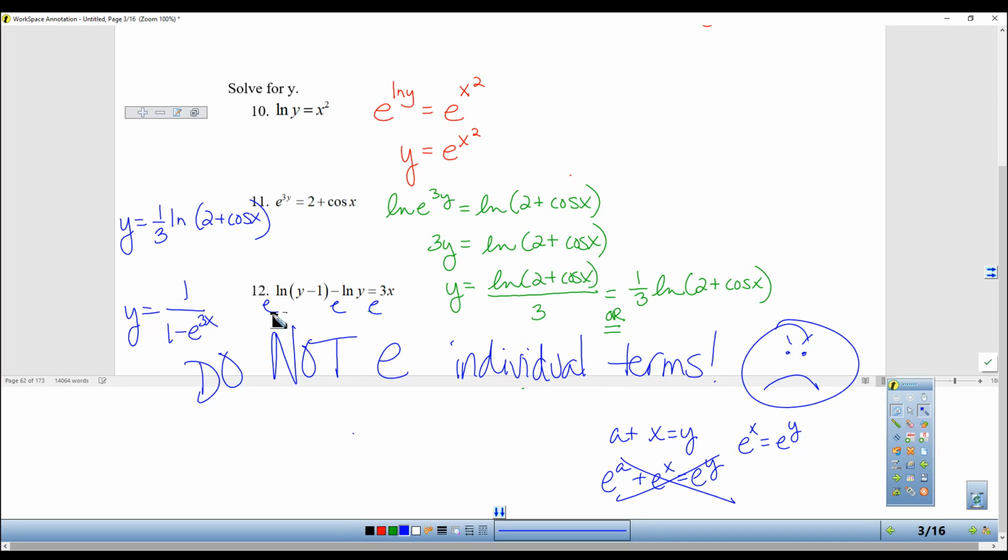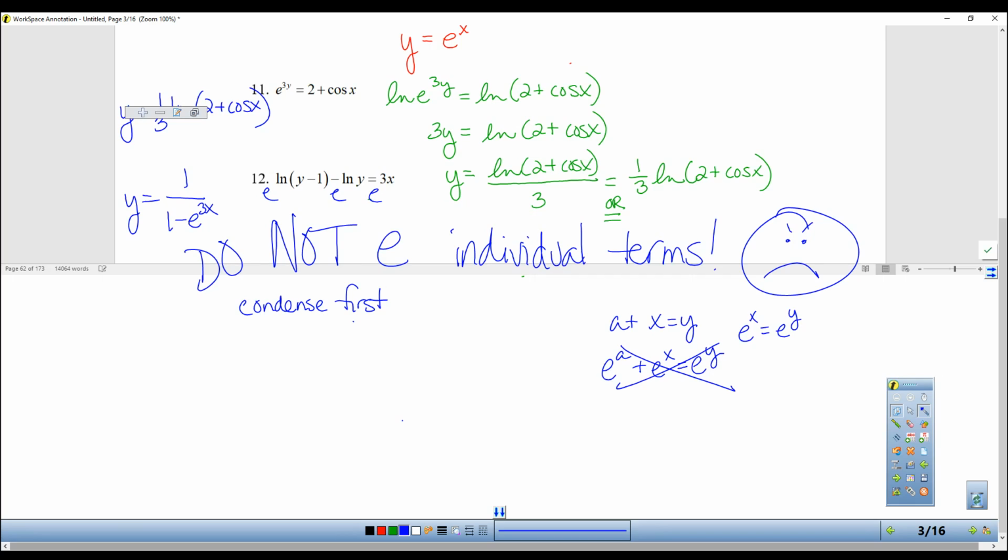So how do we condense these first? That's the key word. So condense first. And we do that by doing natural log of y minus 1 over y is equal to 3x. I've condensed using those properties. Now I can e both sides. E to the natural, I guess I'll rewrite it.